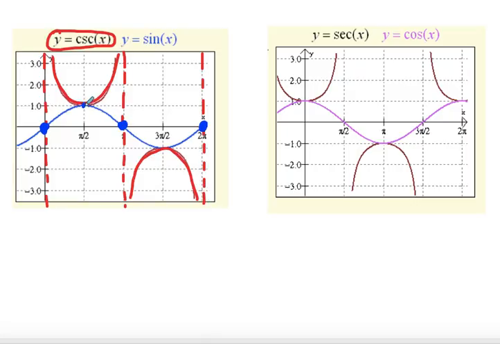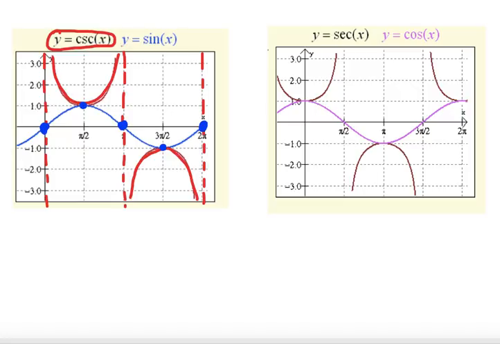And then wherever the top of the sine bump is, that's where you're going to draw your U shape. And wherever the bottom of the sine graph is, that's where you're going to draw your U shape. And those U shapes get really close to both asymptotes, but don't touch the asymptotes. So if you can graph sine, you'll be able to turn it into cosecant.